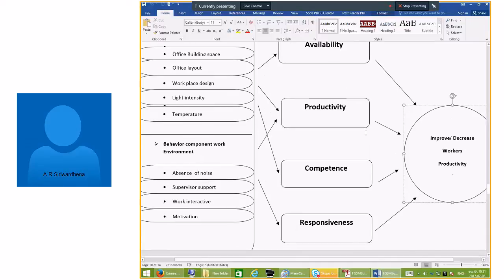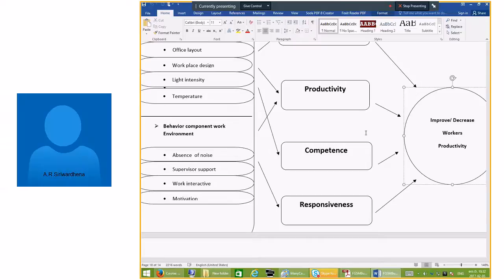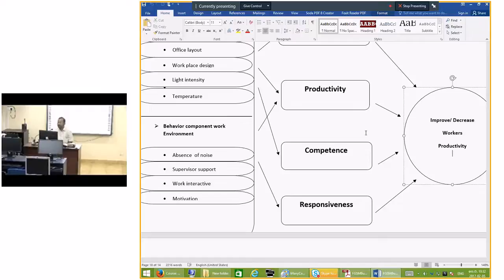Because in my understanding, productivity is normally measured as an input-output ratio. But sir, here I'm going from the qualitative aspects. Yeah, from a qualitative aspect, you cannot change the productivity definition.